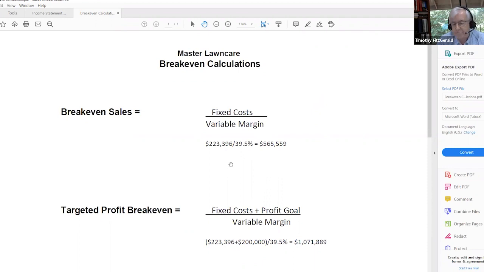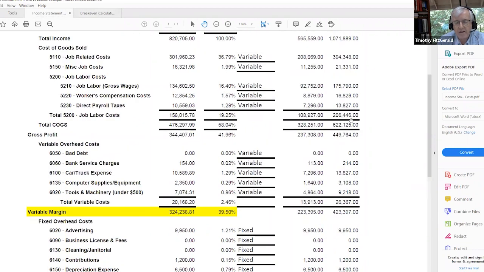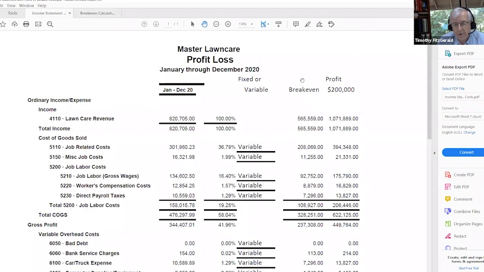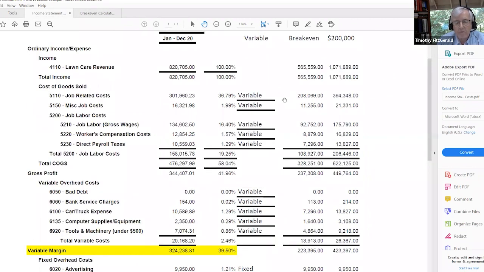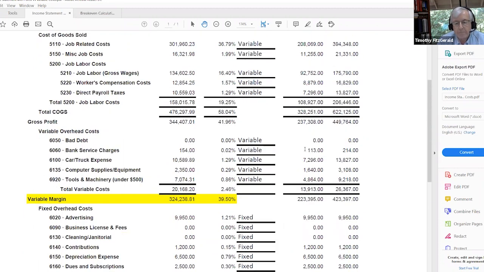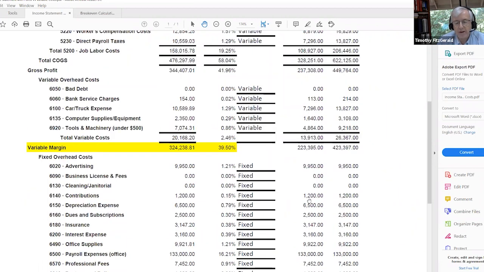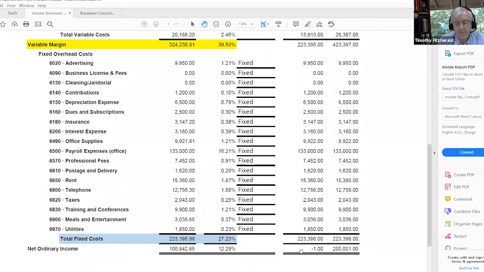Now, that's pretty simple. And if we go back to the income statement, we see that the sales are, for this break-even column, 565. These are all the same percentage of sales for this break-even calculation. And we come down to margin of 223. Our fixed costs are the same, and we break even.